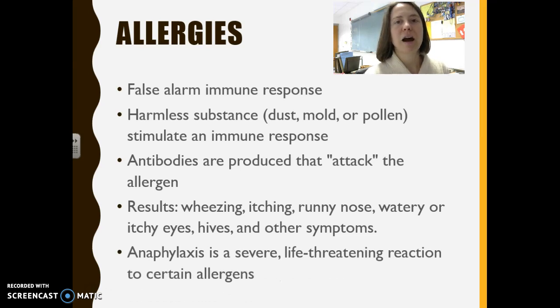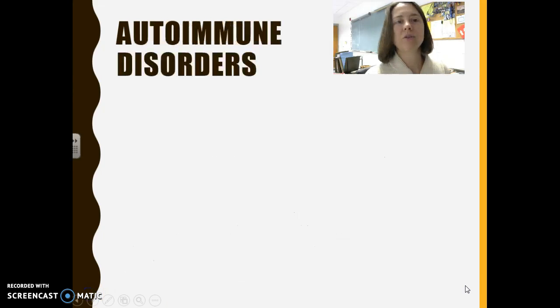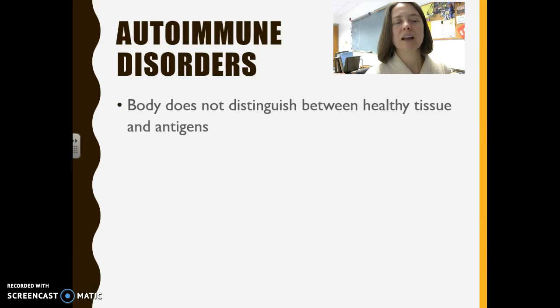And that is your body attacking the allergen that it thinks is dangerous. A severe life-threatening reaction to certain allergens is called anaphylaxis, and that is when the throat muscles close up and you cannot breathe.